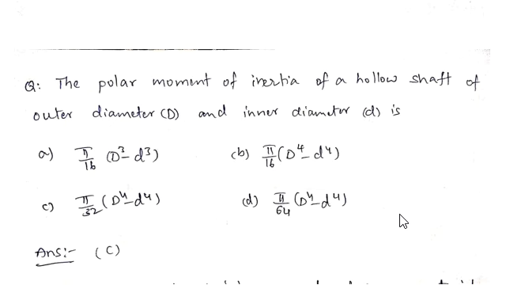So the moment of inertia about ZZ will be IXX plus IYY. This option D is actually the moment of inertia of a circular cross section. When you add the two, IXX plus IYY, we get the polar moment of inertia, that is, for a hollow shaft, pi by 32 capital D power 4 minus small d power 4.